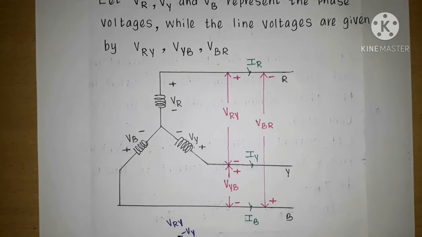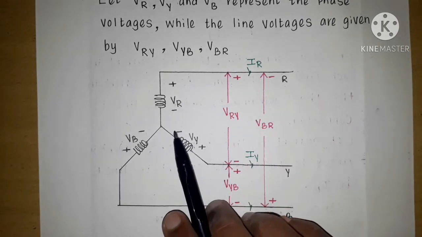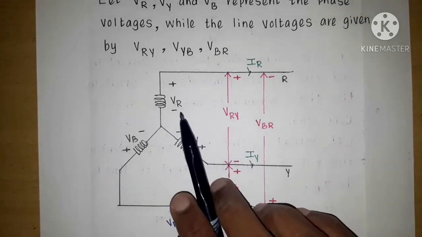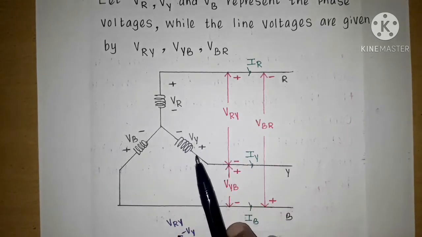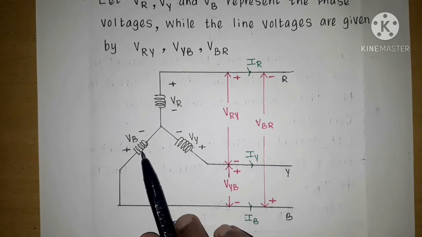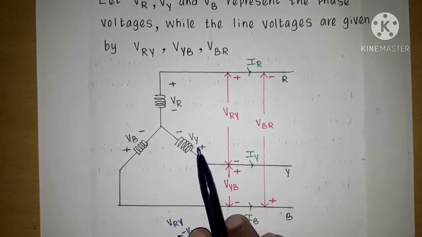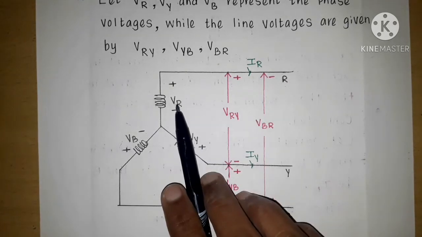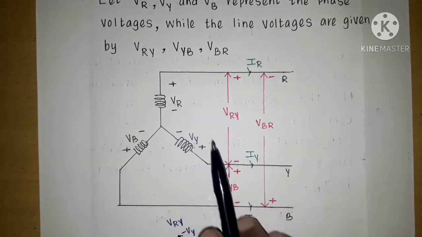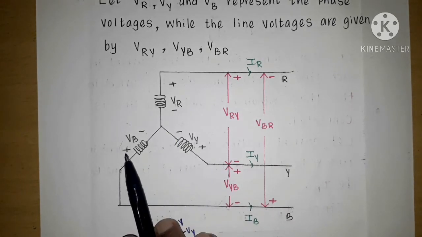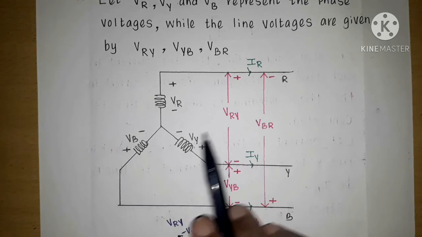Here it is a star connected supply. R phase, Y phase and B phase. VR is the R phase voltage, VY is the Y phase voltage and VB is the B phase voltage.